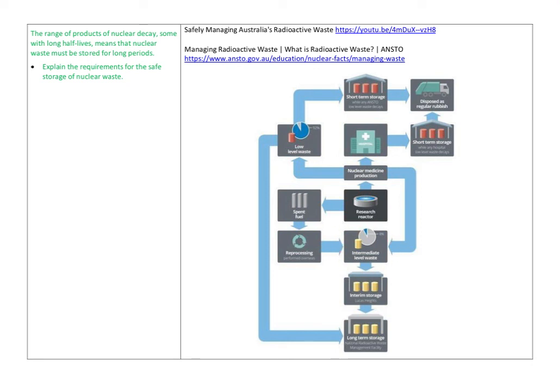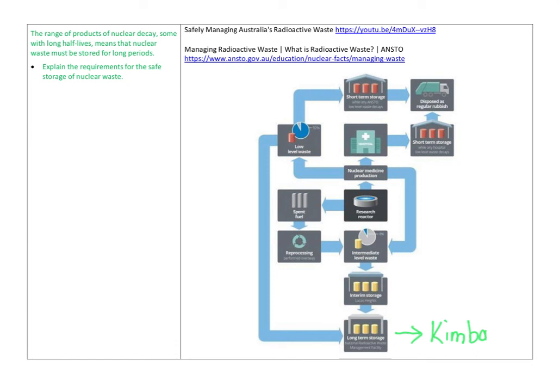And what they're looking for is to build a long-term storage facility somewhere in Australia to store this intermediate waste. And some of you may be aware that the place that they're looking to do that, which has been in the news a lot lately, is at a spot near Kimba in South Australia at the top of the Eyre Peninsula.